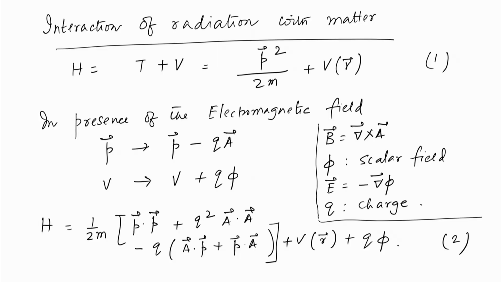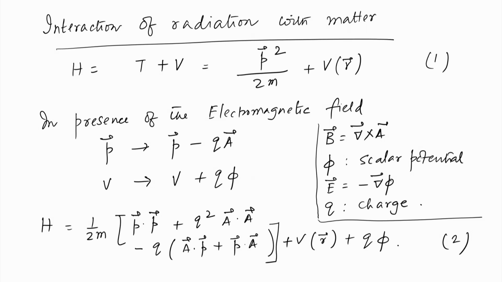The magnetic field is B, the electric field is E, which are represented by their corresponding potential quantities. So, we have used a vector potential A, where B equal to curl A, and we have used a scalar potential, or let us write this as a scalar potential instead of a field. So, that has a relation E equal to minus grad phi and q being the charge of the particle.